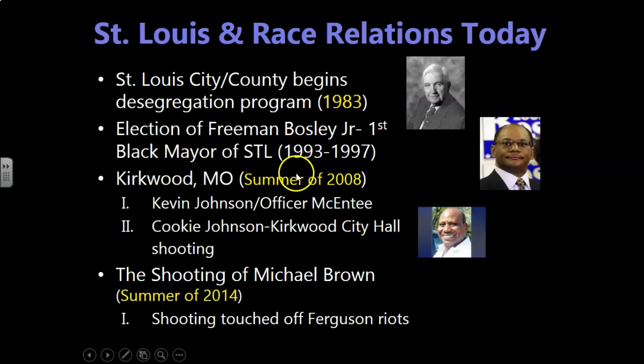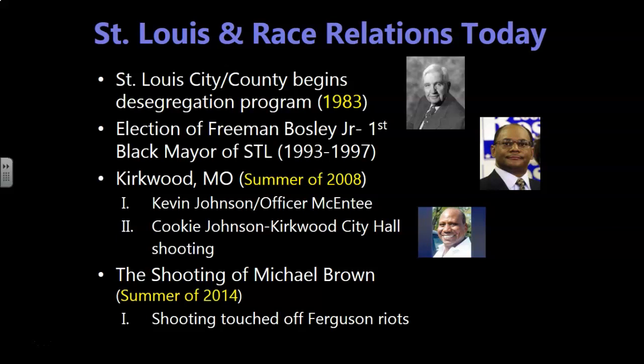Then in the summer of 2008, we have Cookie Johnson, who wins a contract from the city of Kirkwood to, I believe, pave some of the streets and parking lots. But because he was a one-man team, he was taking longer than the city was wanting, and so they were threatening to take his contract away, and I think eventually did.